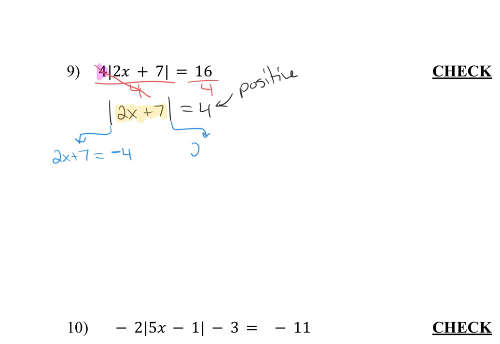And then the other option, 2x plus 7 equals +4. Those are 2 possible solutions. What's the very first step for both of them? Subtract 7. Okay. -4 minus 7. Remember, keep your equal sign in line. 2x equals -11.